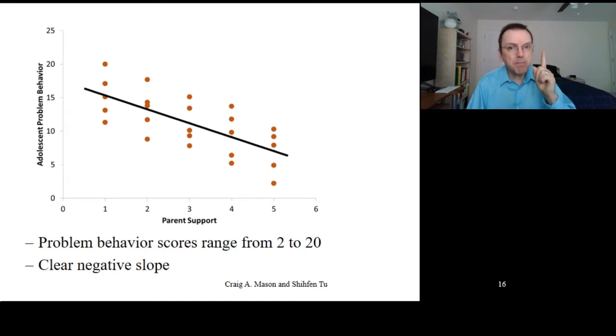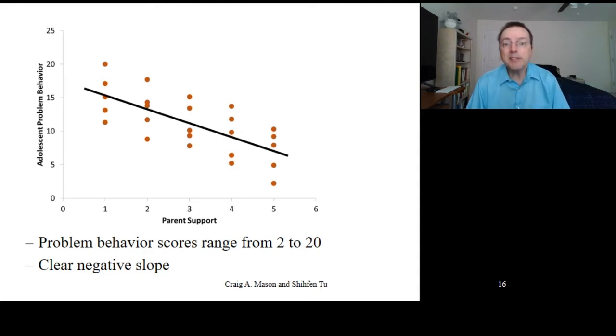Now, this is important. The regression line tells us the behavior problem score that we would predict or expect to see for a specific child based on their specific level of parental support.